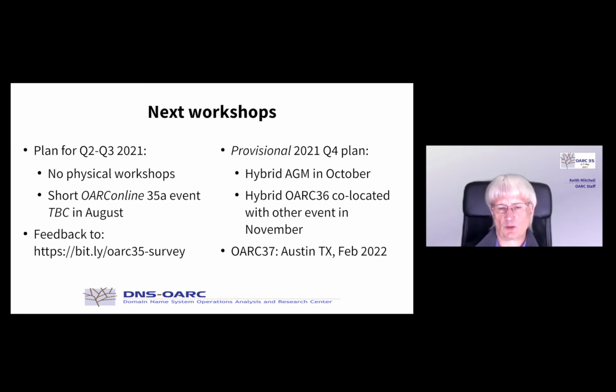In November, we may co-locate with NANOG or UKNOF or RIPE, possibly even IETF, just depending on how it goes. We're confident that by February next year, we will be able to do a physical meeting, and we have a deposit and confirmed booking in Austin, Texas to co-locate with NANOG in February again.